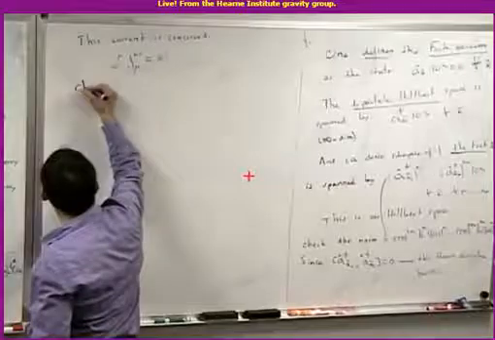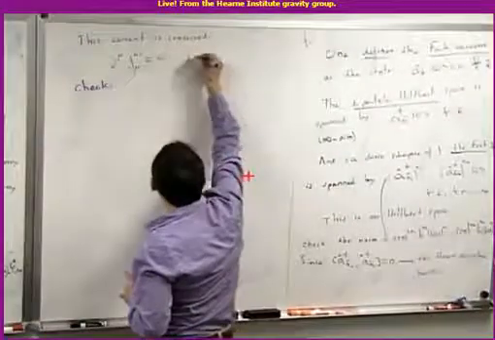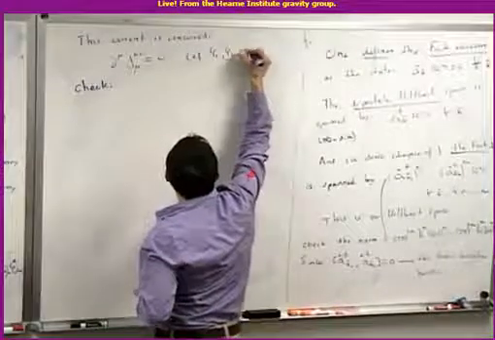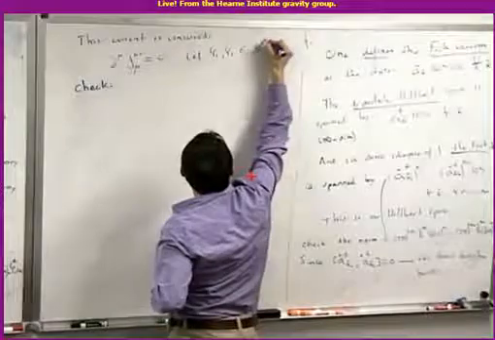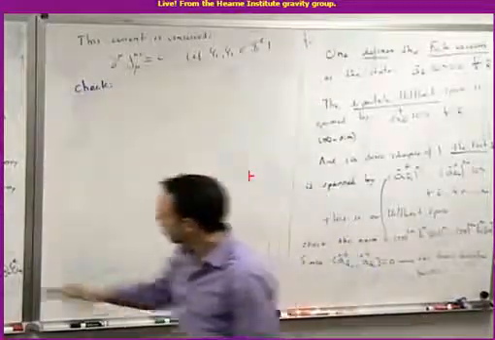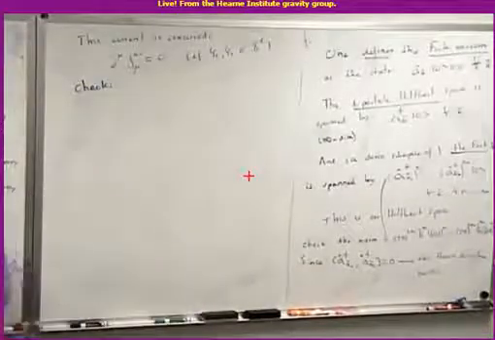Checking that is quite simple. Of course, it's zero if phi 1 and phi 2 are really solutions of the Klein-Gordon equation. Is this product only for these wave packets? No, this is for any element in the space of solutions, phi 1, phi 2. This is a different point.